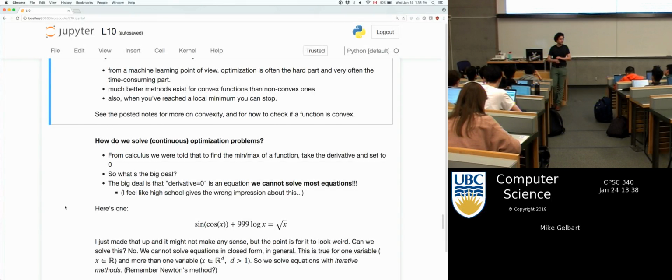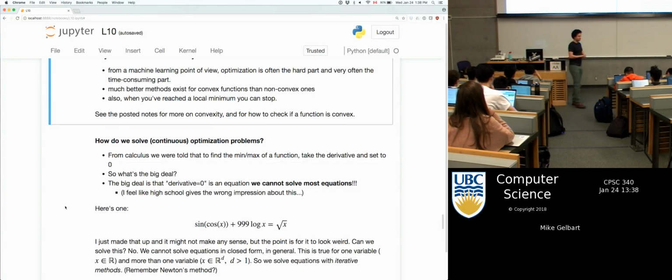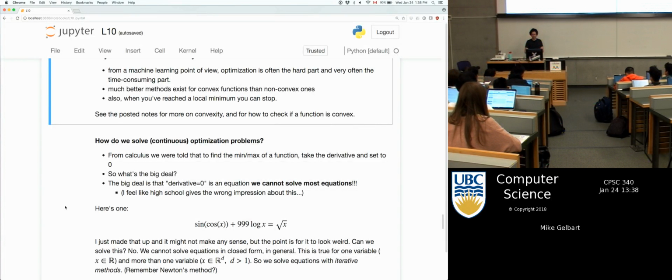You're done, fine. But I don't want you to have the misconception that setting the derivative equal to 0 is an easy thing to do. Because the derivative, or in more dimensions, the gradient, is itself a function of x. So you have some function of x equals 0, and you're saying, I need to find the x to make that true. That is a hard thing to do in general.